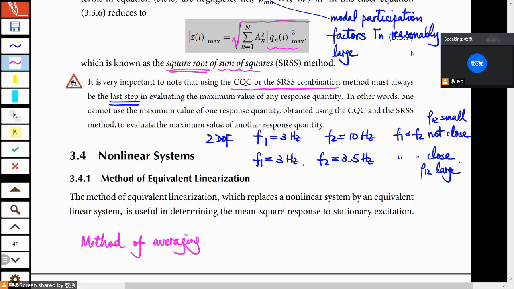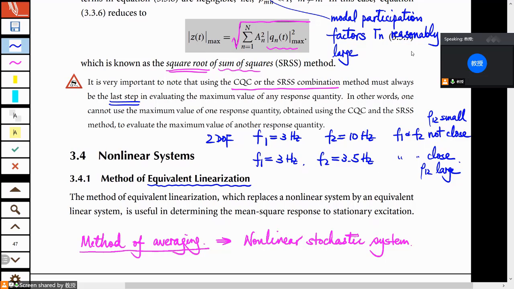The method of averaging is also a general method that can be used to study stochastic or nonlinear stochastic systems. Okay, because of the time constraint, we will not study the method of averaging. And today we will introduce the method of equivalent linearization.